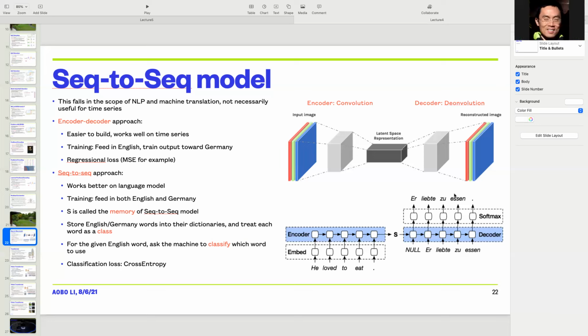So then the last step would be to compare your reconstructed image with the input image. Exactly. If they're similar, then you have a high score. If they're not similar, you have a low score. Exactly. And the comparison is done by the mean square error, which just takes a Euclidean distance between the two images. Okay. Thank you.